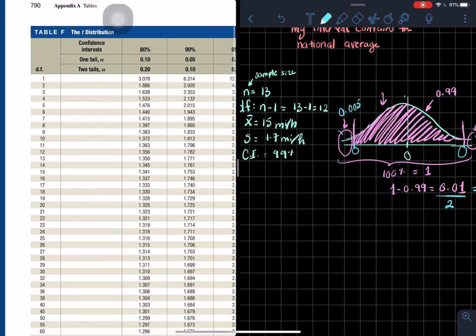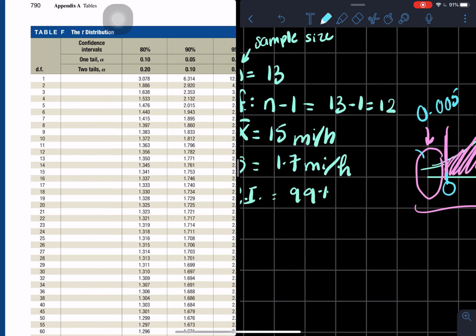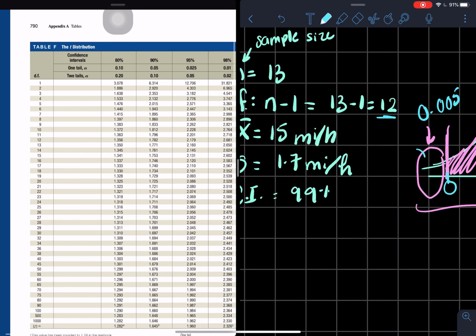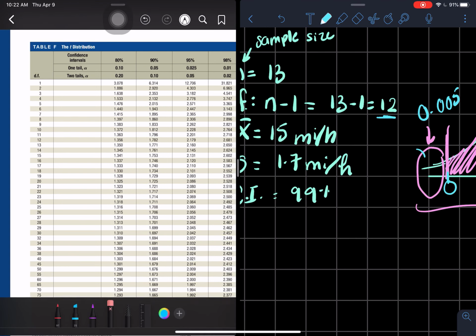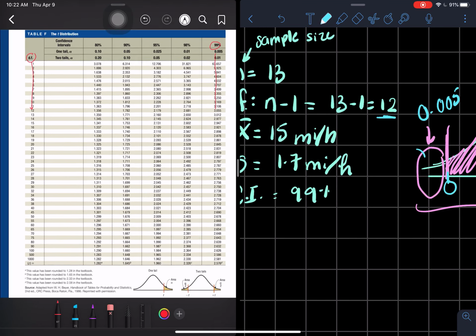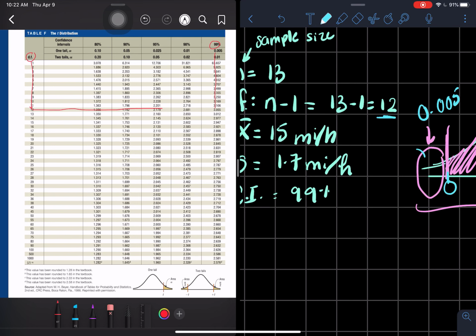So my degrees of freedom here is going to be 12, right? So here, I will go all the way down from my degrees of freedom, df, to 12, and I am 99% sure. And then if I go across, they meet up at this number.